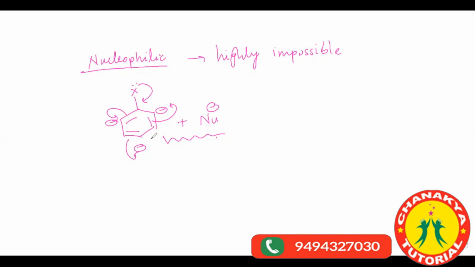It may form at the meta position, but apart from that, ortho para is possible, but that would be in drastic conditions, means you have to increase a lot of temperature, you have to put more pressure. We can correlate it with an arranged marriage. Suppose somebody doesn't want to get married, but due to family pressure, certain conditions are made because of this and that.